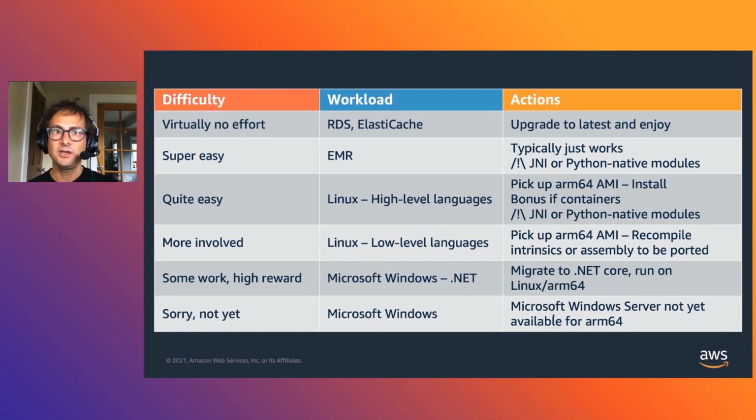And once you've done that migration, yet another step is to move that to Graviton2 based instances. .NET Core is performing really well on Graviton2 based instances. So that's yet another step that you can do to get better performance and save on the cost. For Microsoft Windows purely based workload, I'm sorry, we don't have support from Microsoft Windows on those instances yet.